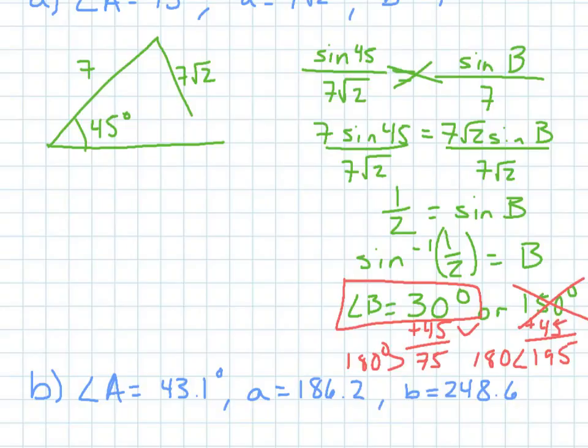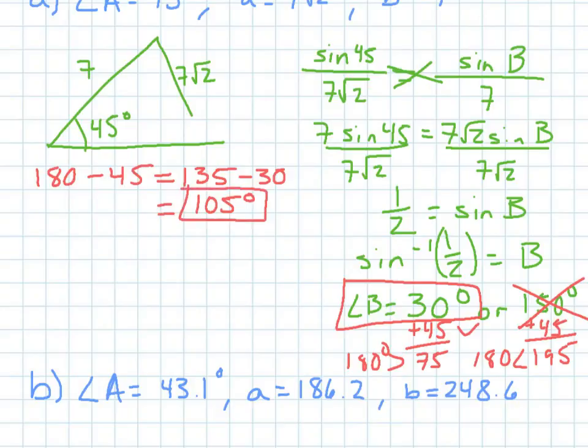Since I have B, just like the other ones, I want to find my C. So 180 minus 45 gives me 135, and then minus the 30 gives me 105. So this is angle C. Angle C is easy to find at that point.